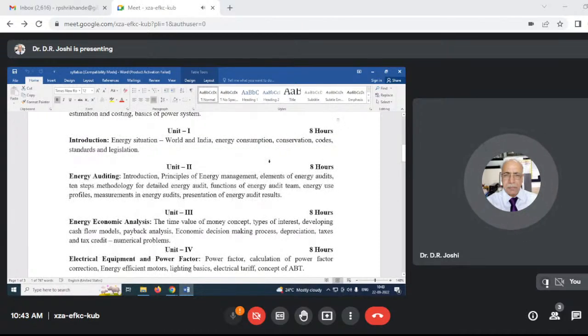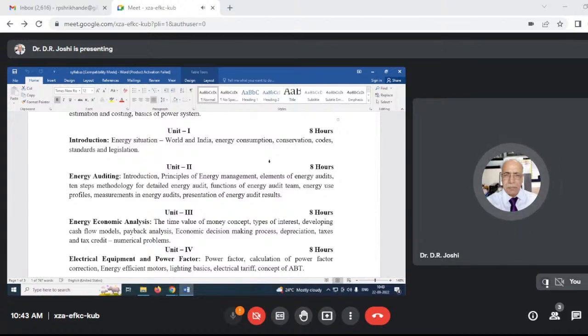Unit 1, if you see, what we are going to study here is the energy situation of the world and India, in particular India, and what the energy consumption is, what the conservation methods are, what the codes and standards are, and legislation. All these things will be wrapped up in 8 hours in Unit 1.